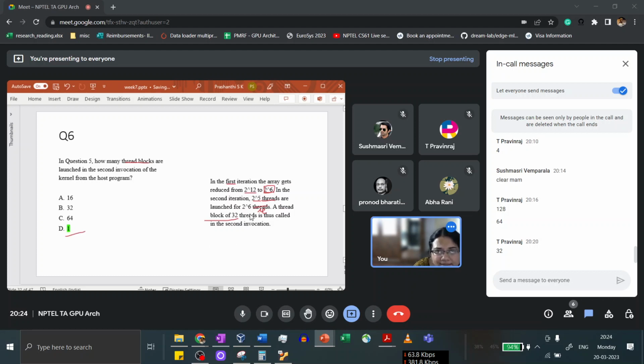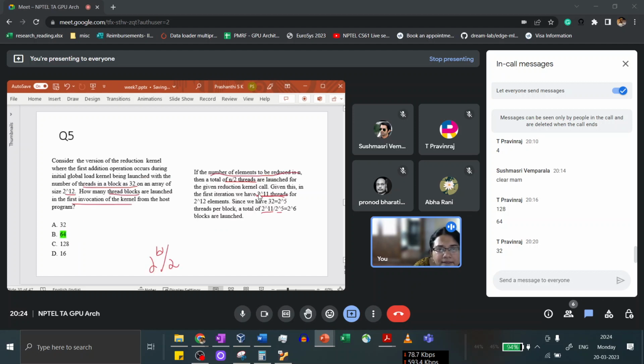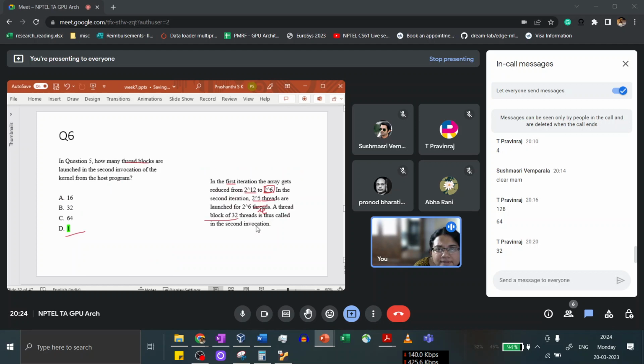I'll repeat this since I think I said second iteration in the first sentence. In the first iteration, we started out with 2 power 12 elements, and we reduce that to 2 power 6 at the end of the first iteration. In the second iteration, for those 2 power 6 elements that are left over, we launch 2 power 5 threads.